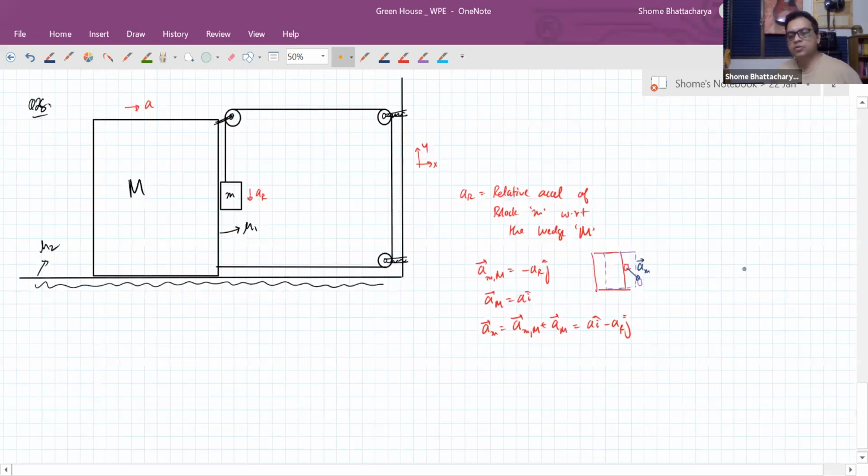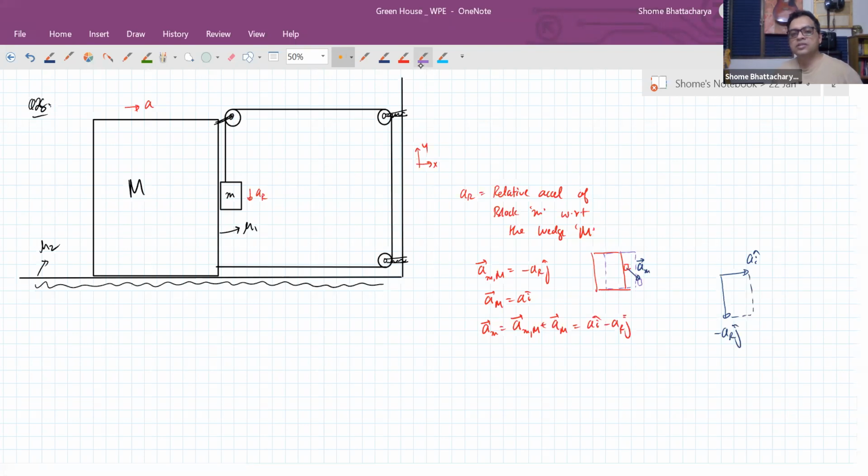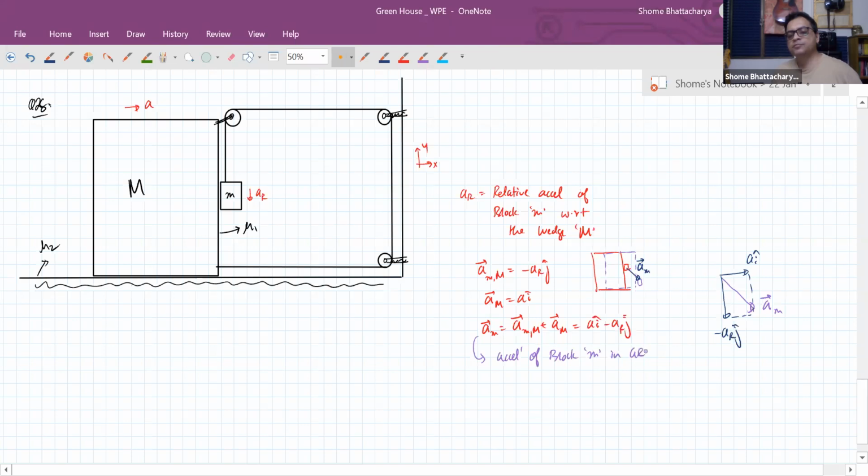It's the vector sum of this A_I cap and minus A relative j cap. So this is the net acceleration of that block. That's something important to understand.